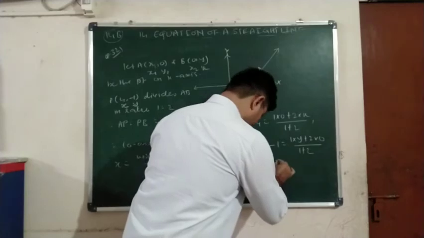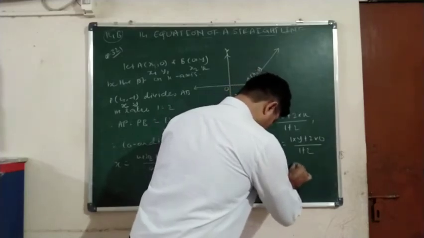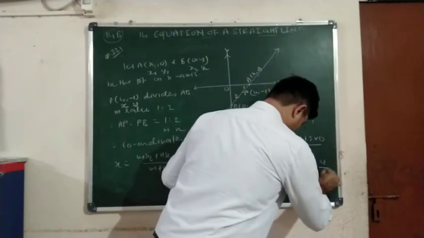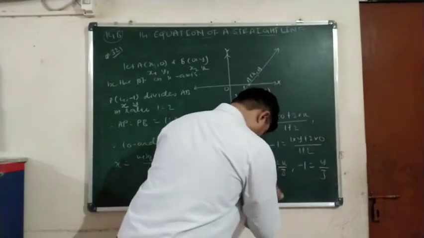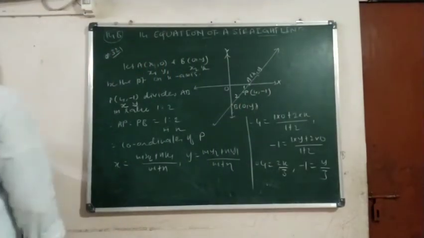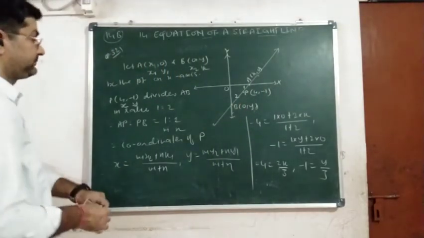Therefore 4 is equal to 2x upon 3 and -1 is equal to y upon 3. Now the remaining steps we will write down over here on the left hand side.